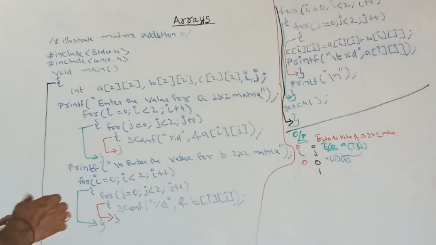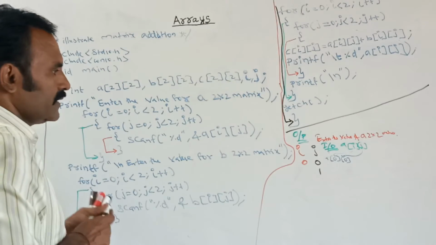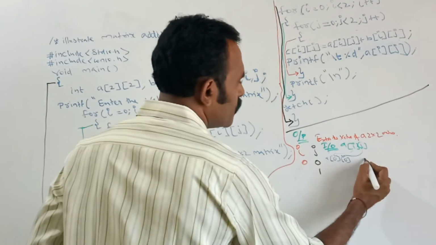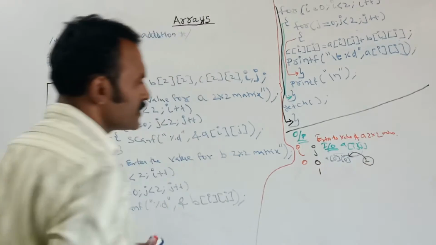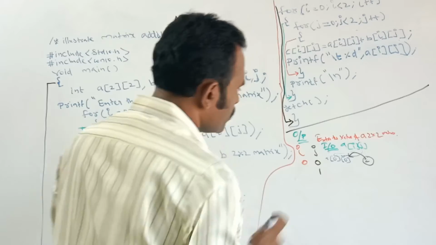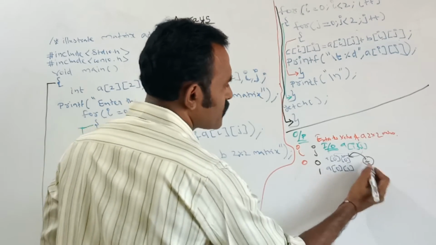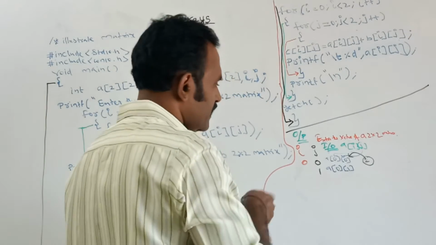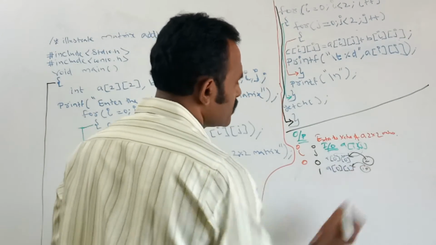Here if I am giving the value 2, then the 2 will be stored to this location. Next in the same way, for this location also, suppose if I am giving the value 10, then the 10 will be stored to this location.